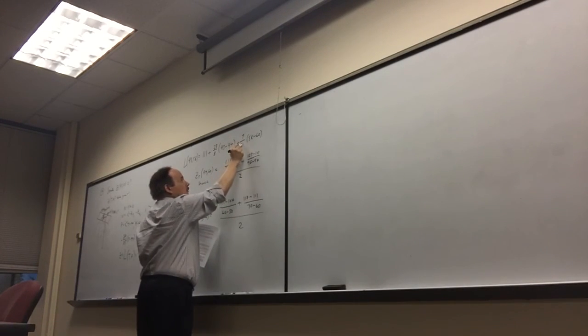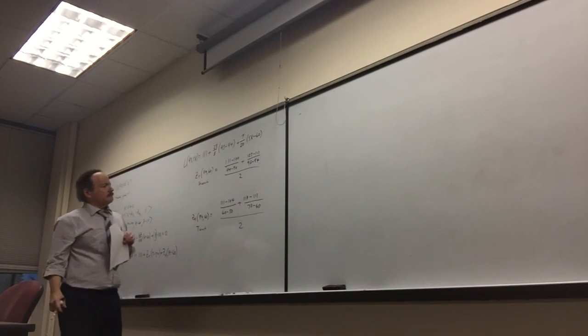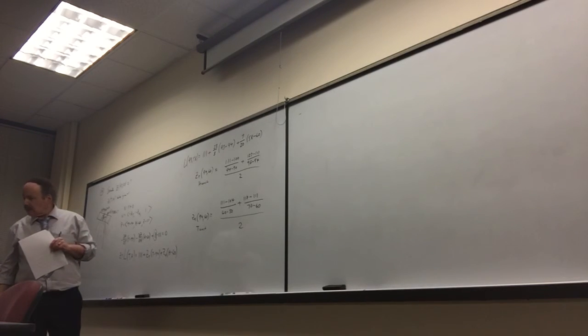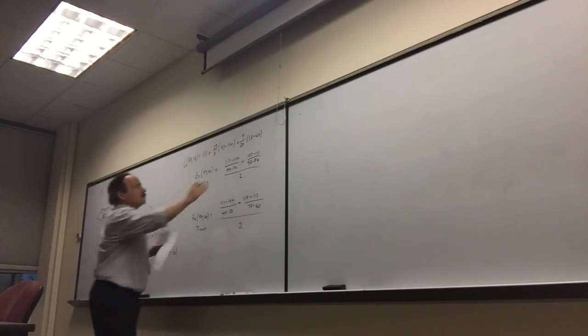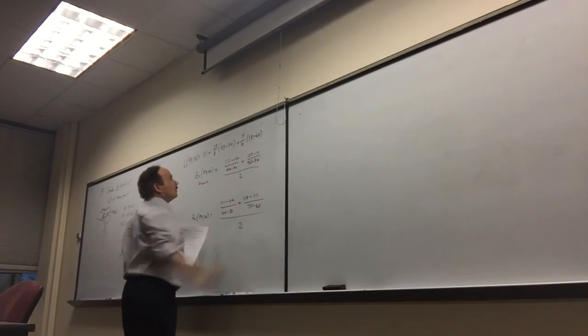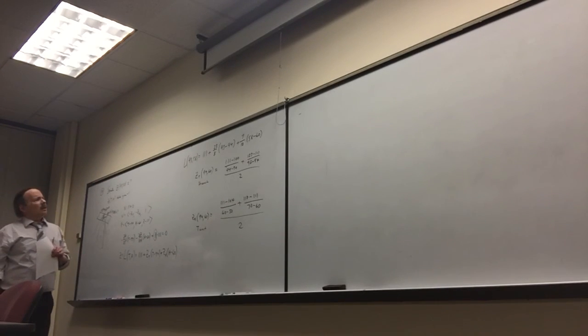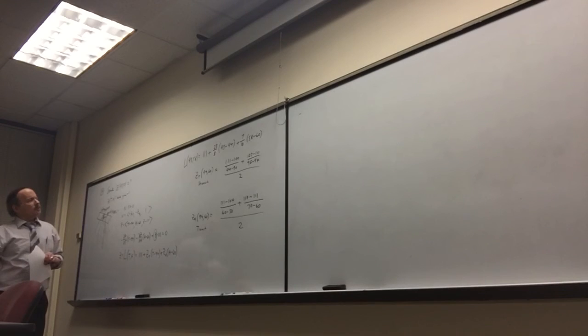Thank you. 7 over 10 plus 7 over 10 is 14 over 10. Yeah, you're right. Over 2 is 7 over 10, or 14 over 20, yes, either one. Okay, so whatever that number is would be your answer.